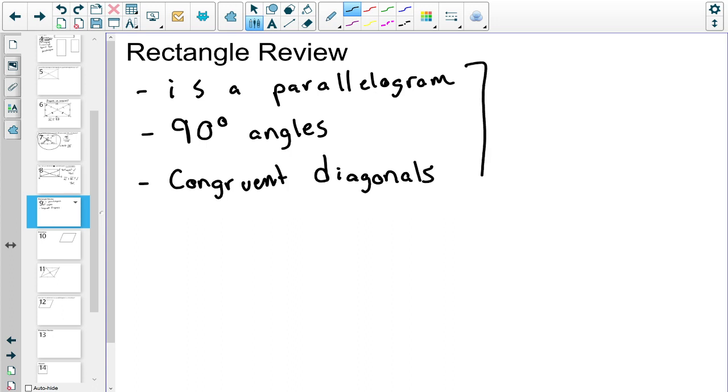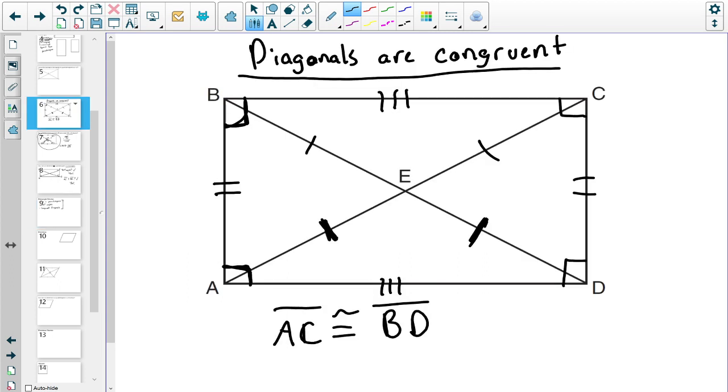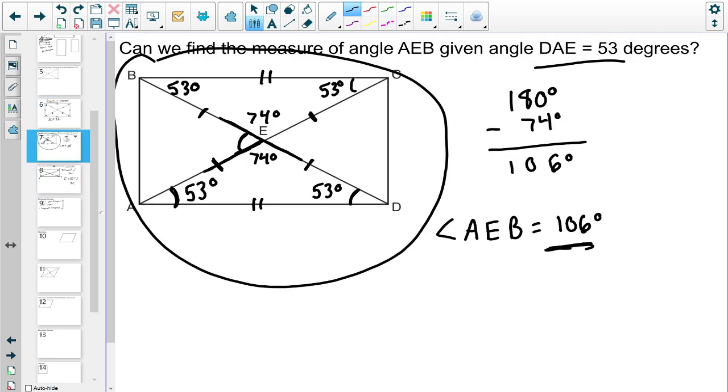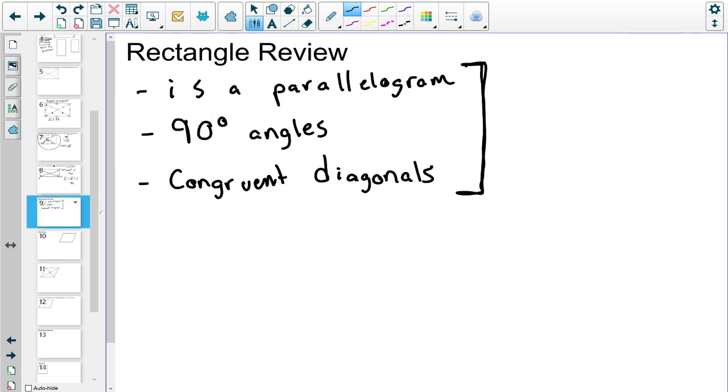These are really the big three takeaways: a rectangle is a parallelogram with 90-degree angles that has congruent diagonals. In knowing these things and the properties you know about parallelograms, we can do stuff like we did here and here and here to answer questions relating to the triangles that are created, the angles and whatnot. You can really solve a lot from such a simple list like this.